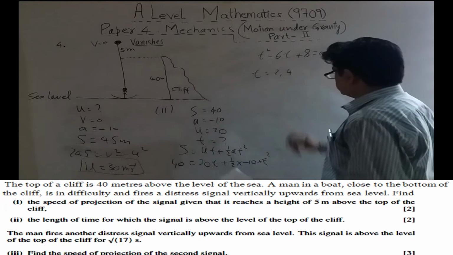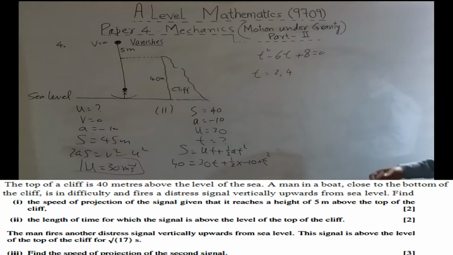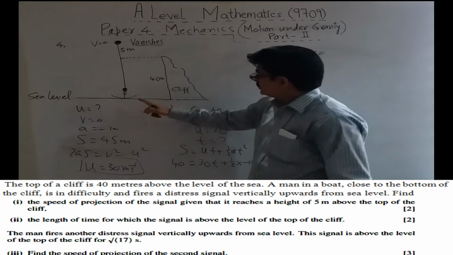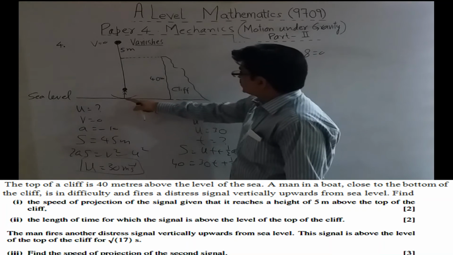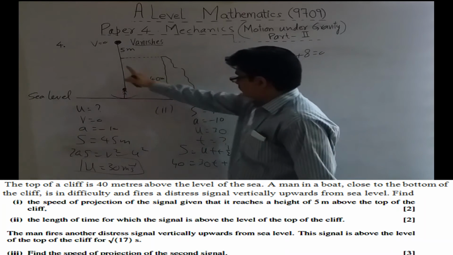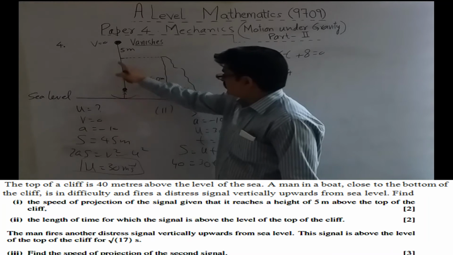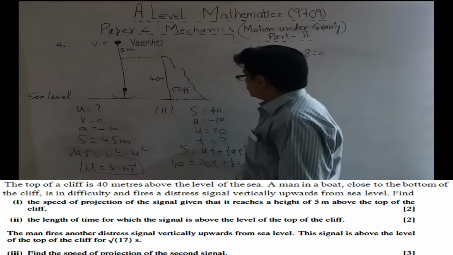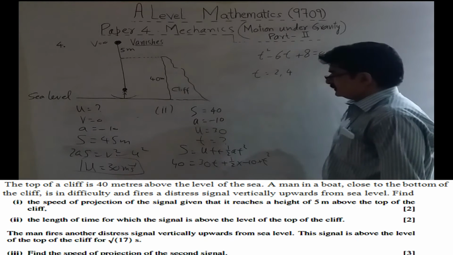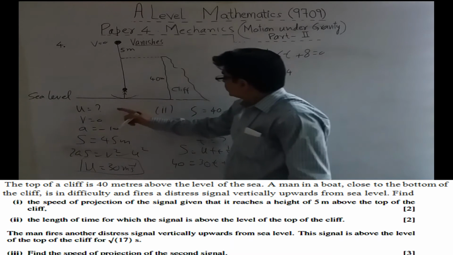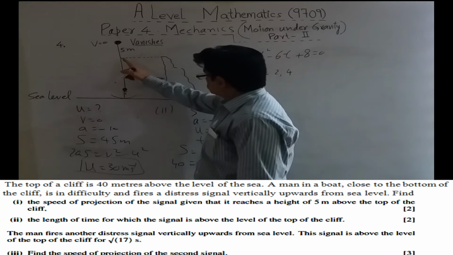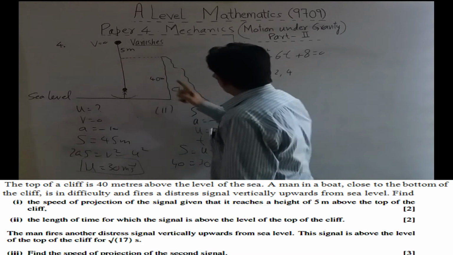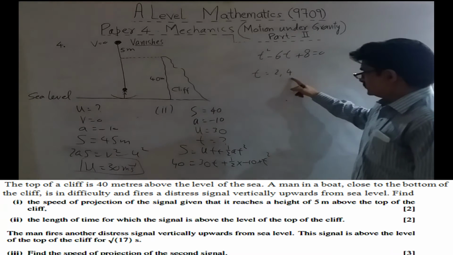seconds and 4 seconds. Now what does this mean? It means that it takes 2 seconds to reach from this point to this point. This time from this to this point, time is 2 seconds, and then after reaching this point, after 2 seconds we have 4 seconds.